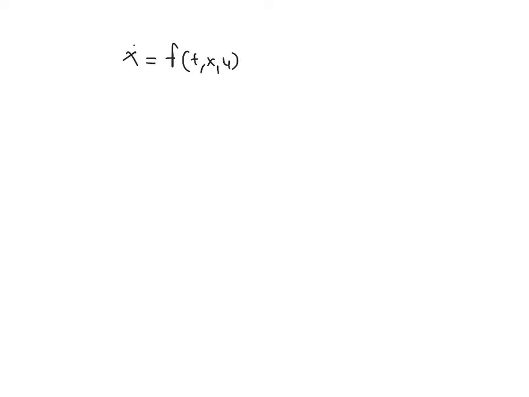If you remember time varying and time invariant systems, if t is there, then it is a time varying system. If you remember your linear system, you had x dot equals A(t) x(t) plus B(t) u(t). If that is the case, then t comes here, because it's also a function of time.